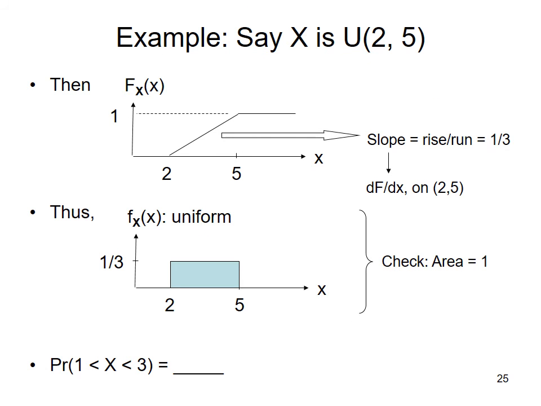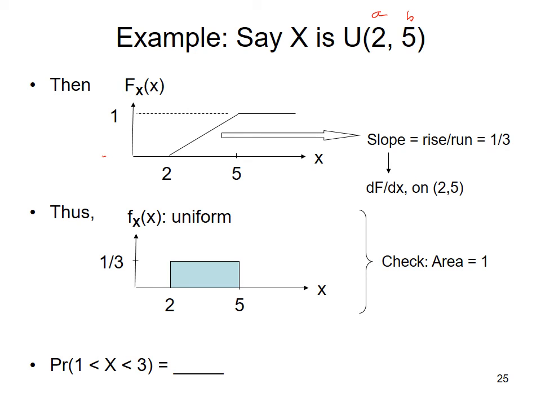Okay, let's take an example now, kind of relating little f to capital F. We've already talked about what it means for x to be uniform between A and B. So in this case, I'm going to say uniform between A and B, where the A value is 2 and the B is 5.